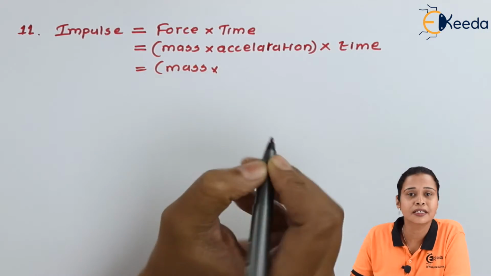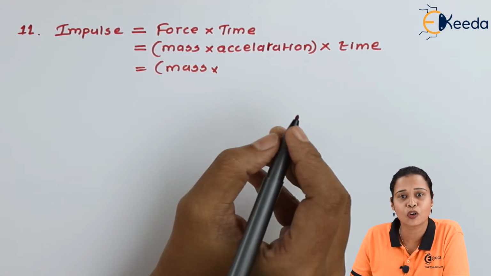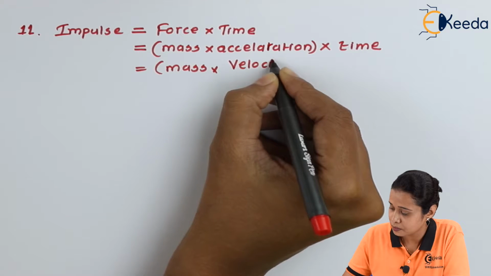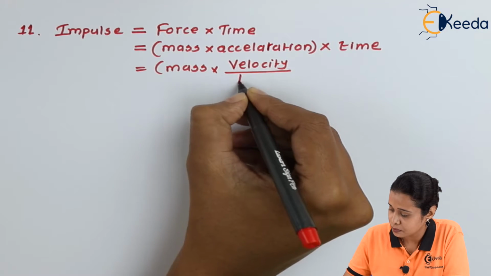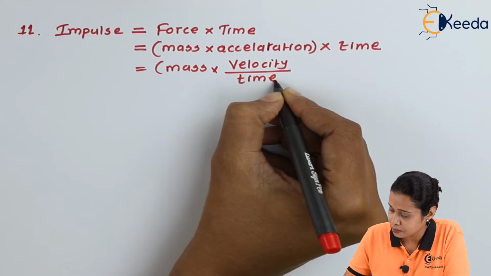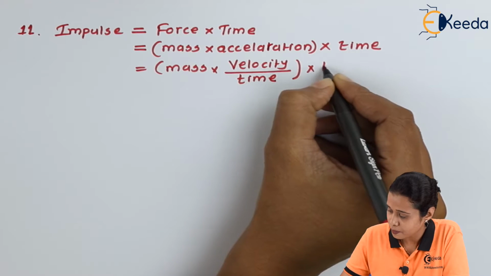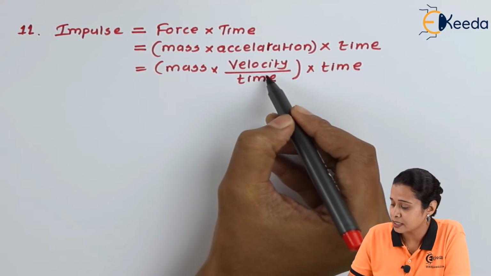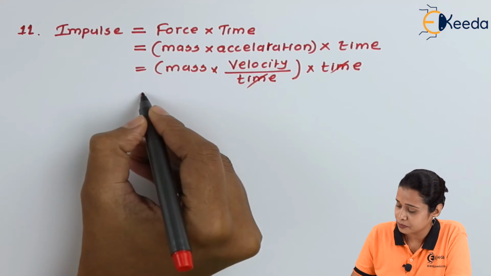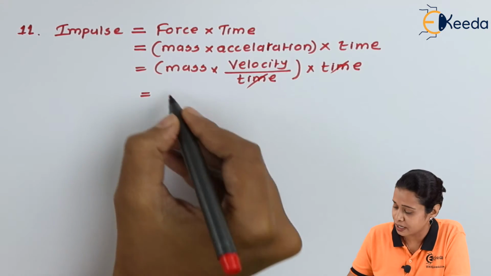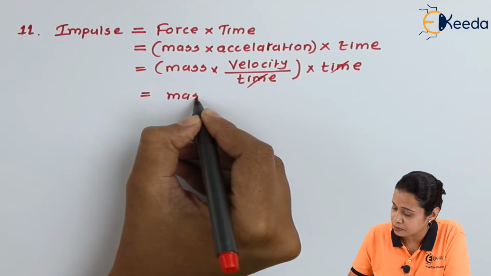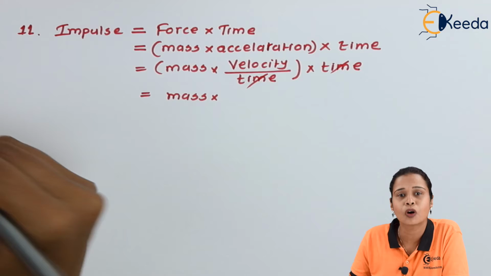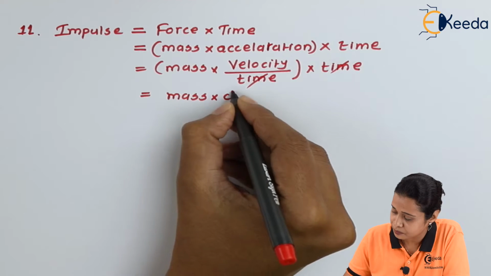Again, acceleration can be expressed in terms of velocity per unit time, into time. In this equation, the time factor is getting cancelled. Now this equation can be written as mass into velocity. Velocity is again displacement or distance per unit time.